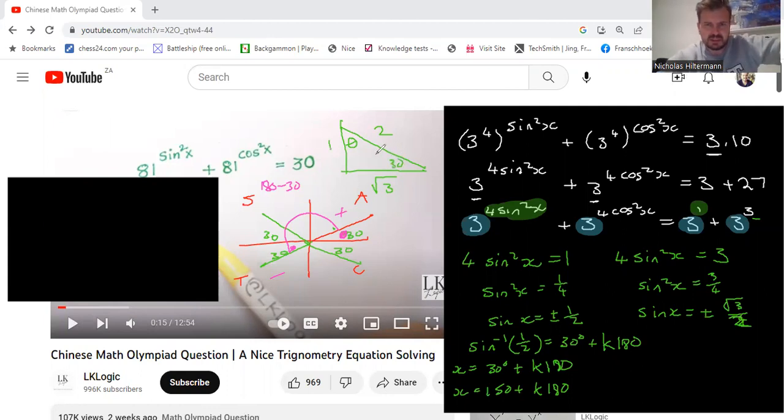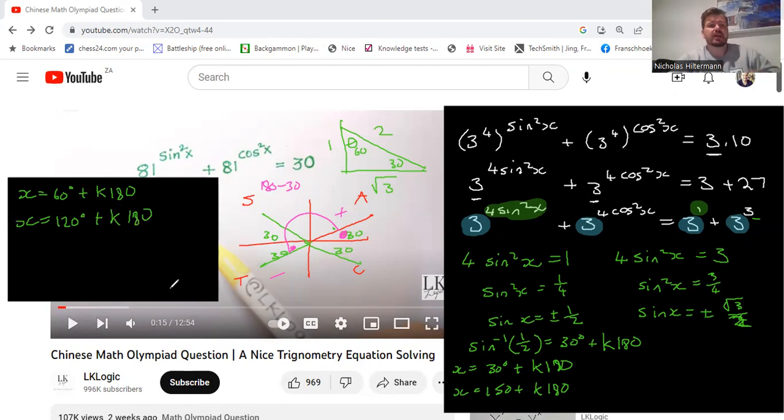So that's 30 and that's 60, isn't it? Okay, so a 60-degree angle is the other one. And so the other option is x equals 60 degrees plus k180, exactly the way I did it. And then 180 minus 60 is 120 degrees plus k180.